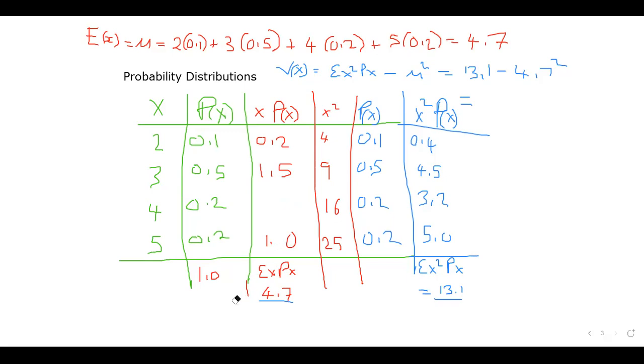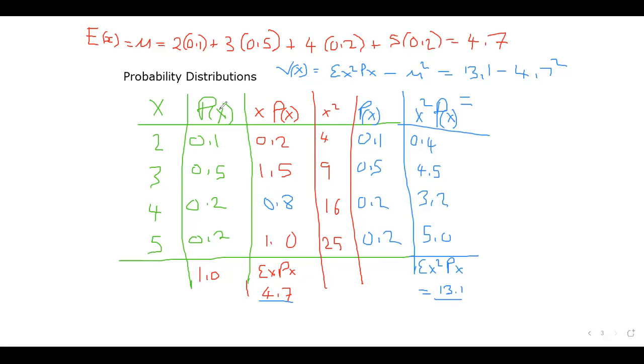Then when we multiply 5 times 0.2, we get 1.0. When we add 0.2 plus 1.5 plus 0.8 plus 1, we get 3.5.